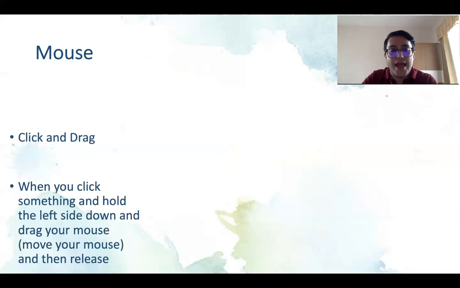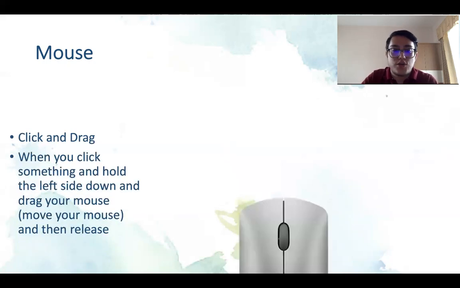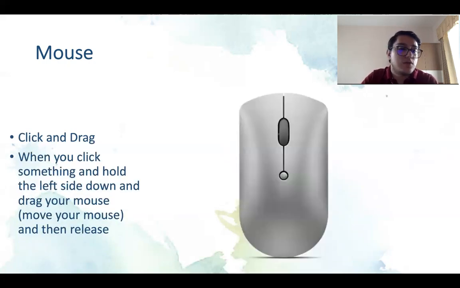Click and drag. This is another word that we use, which is when you click something and hold the left side down and drag your mouse. Drag your mouse means move your mouse. And then release, so let go.